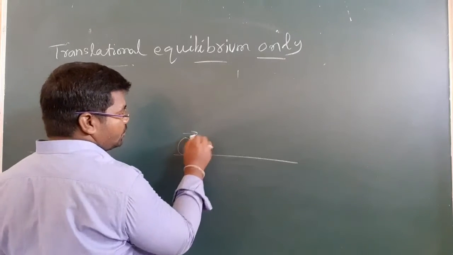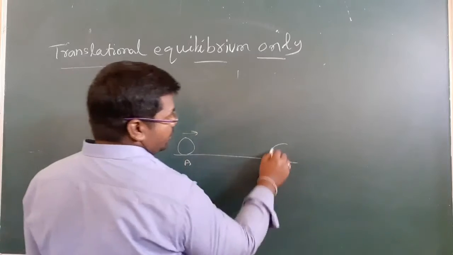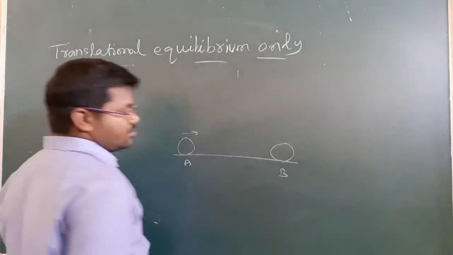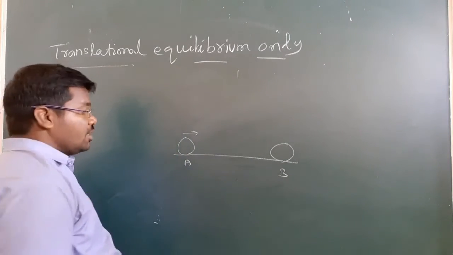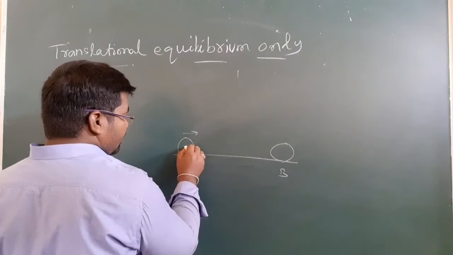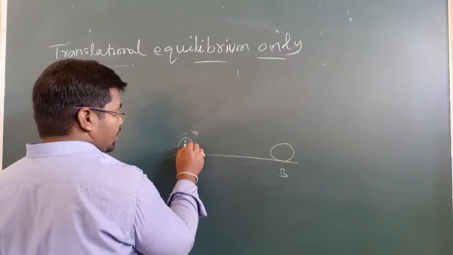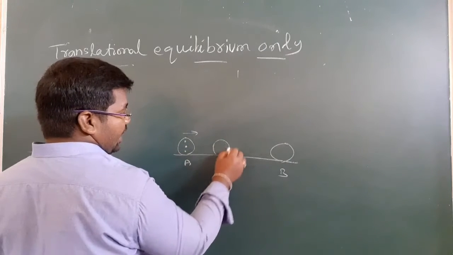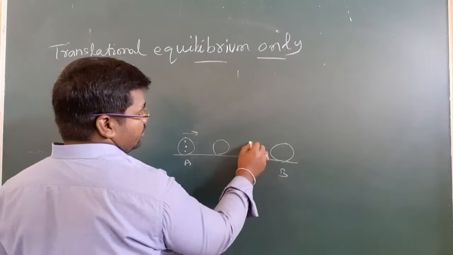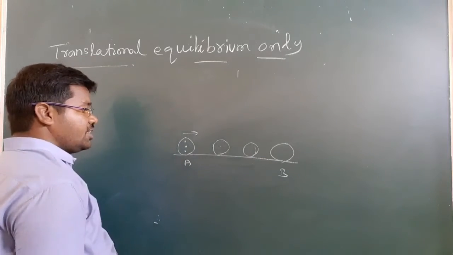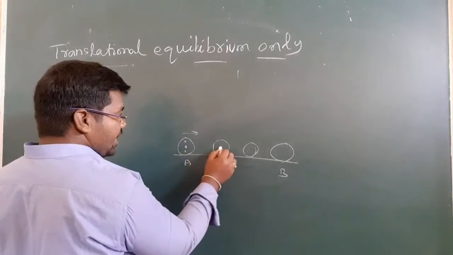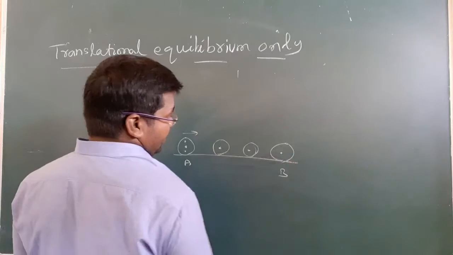The body moves from A to B. In this case, consider the center and another three particles like this. See here, the center point will move in a straight line.